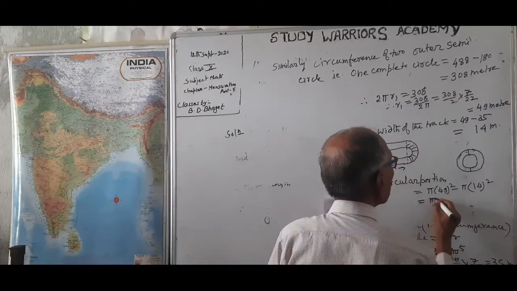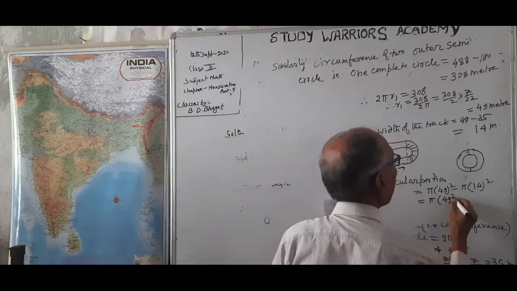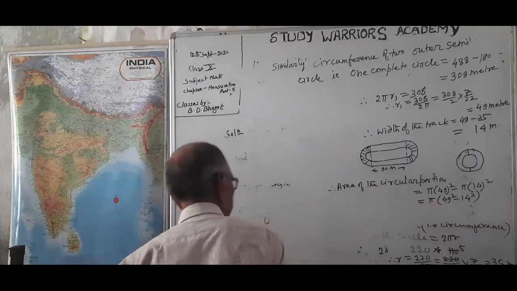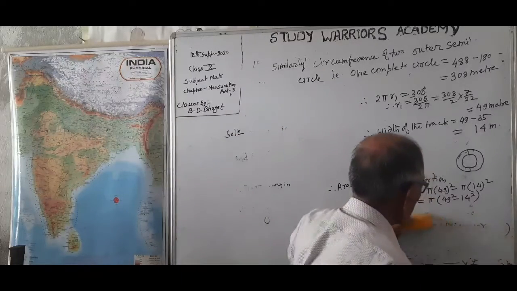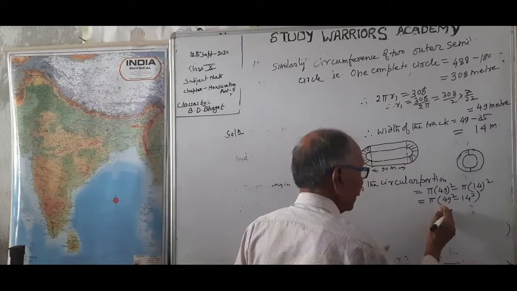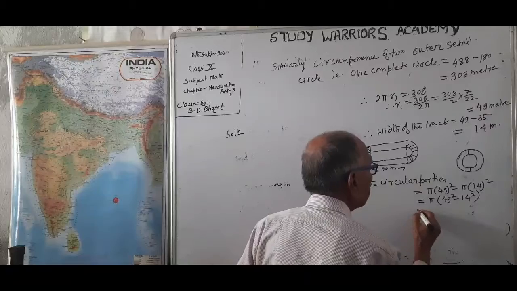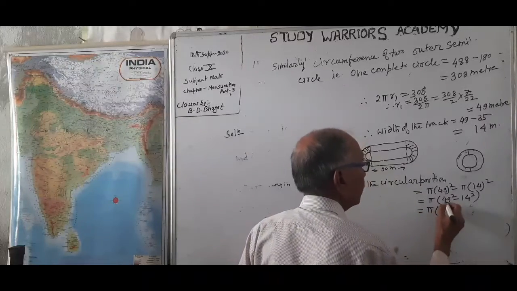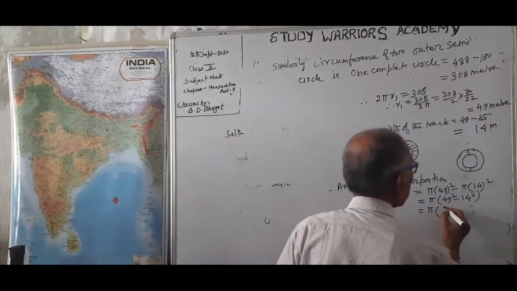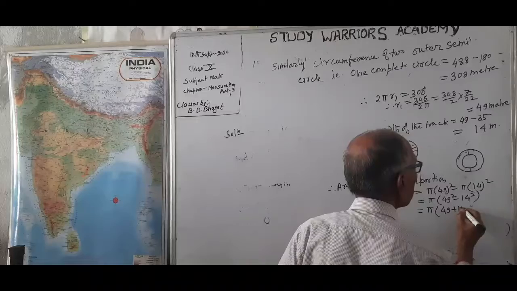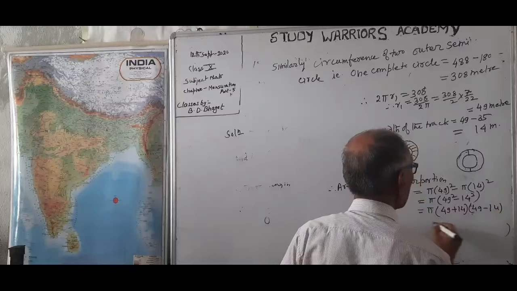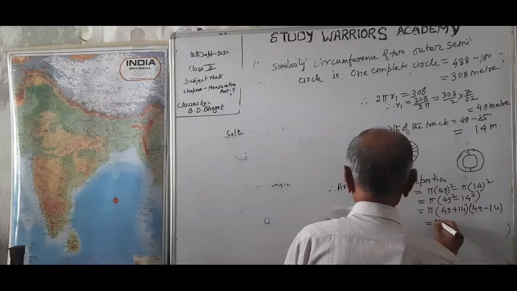Take pi and 49 square minus 14 square. You can multiply 49 into 49, then 14 into 14, but it will be better to use the formula a square minus b square, a plus b into a minus b. 49 plus 14 into 49 minus 14, is equal to pi.